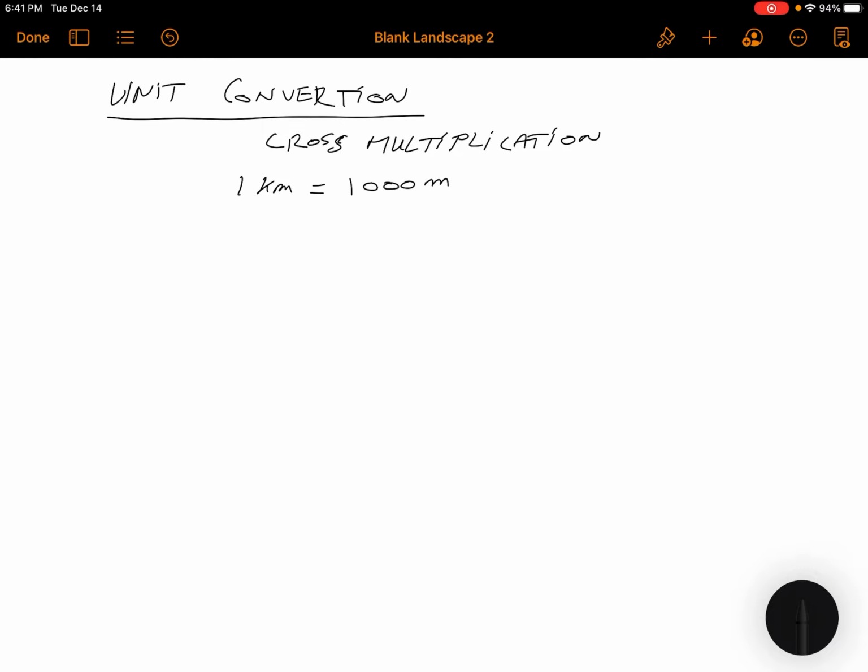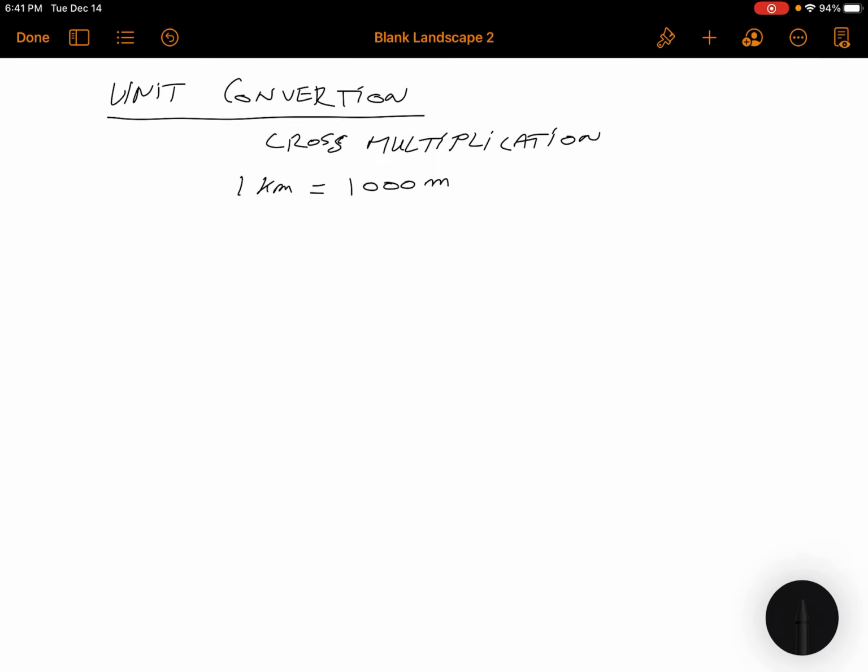So let's take the first example. You'll have to measure your astronomy book using a ruler, and your ruler most likely is going to be either in inches or in centimeters. You usually have both units in there. So let's say you measure it in centimeters, but you want to convert it to meters. From below the table, you know that 1 meter is equal to 100 centimeters.